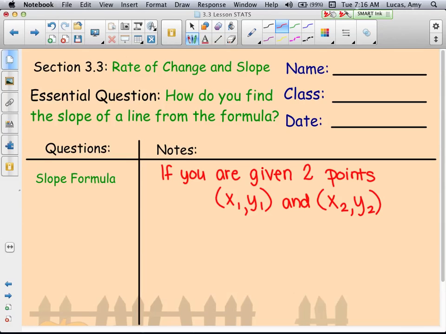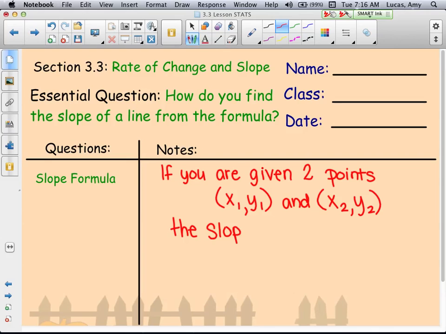So if you're given 2 points or two ordered pairs, I label the first one with x1 and y1, meaning x and y in the first ordered pair, and then the second ordered pair, x2, y2. The 2 is just for the second ordered pair. So if you're given 2 points, you can use the slope formula.